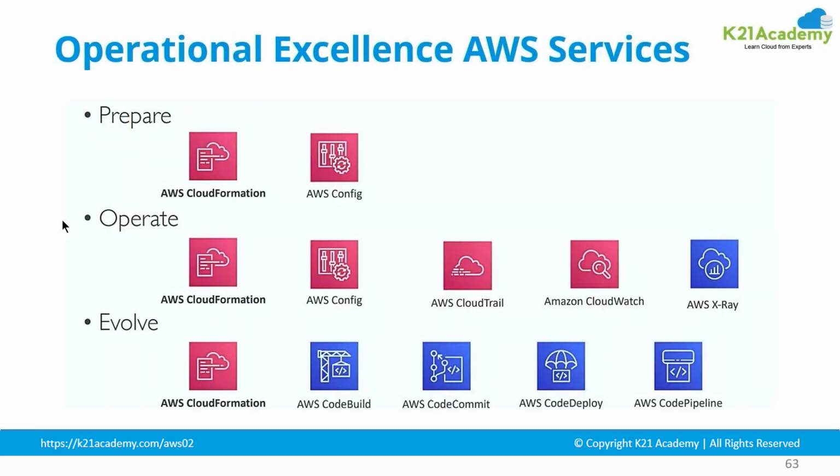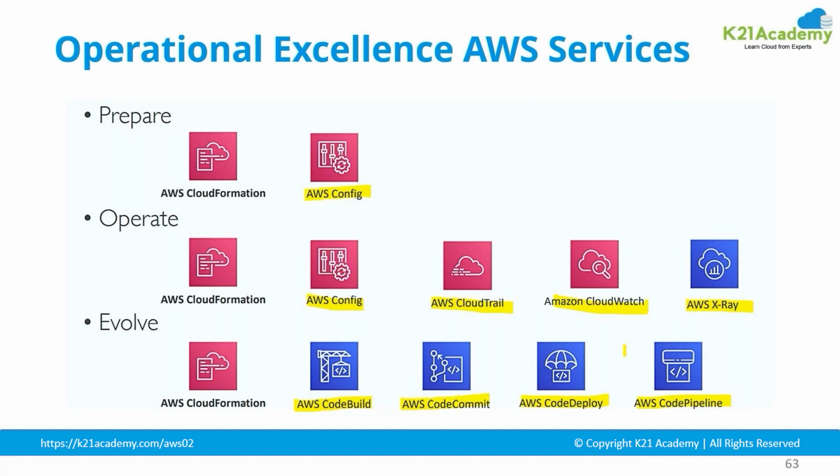These are the tools which you can use. CloudFormation is the major tool which Amazon is talking about. With Config, CloudTrail, X-Ray, and CloudWatch, you are basically monitoring your resource. And use the CI/CD automation, CodeBuild, CodeCommit, CodeDeploy, and CodePipeline tools for automating the deployment process of your newer things to your workload.